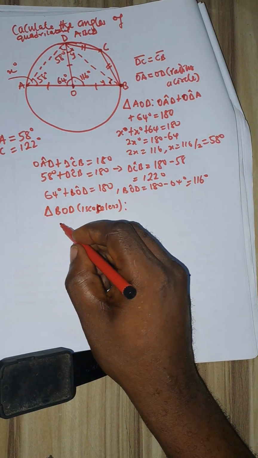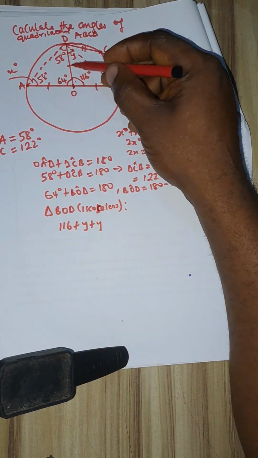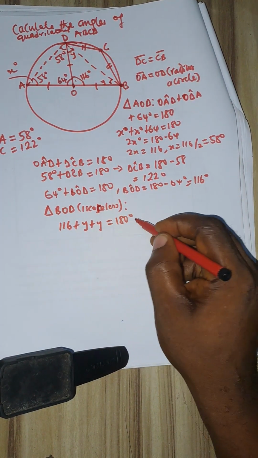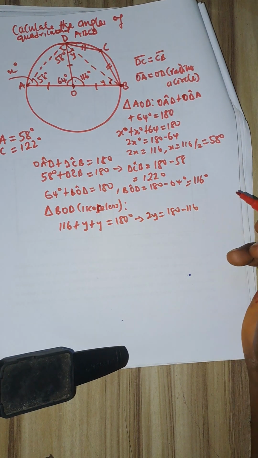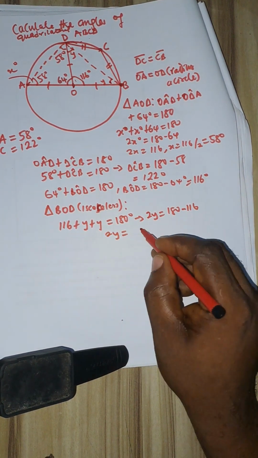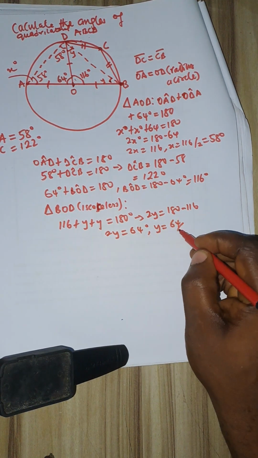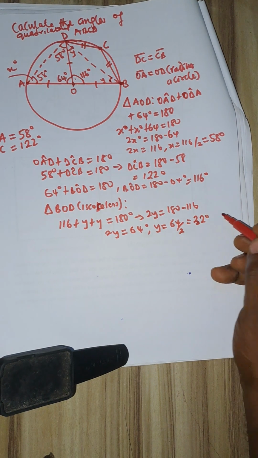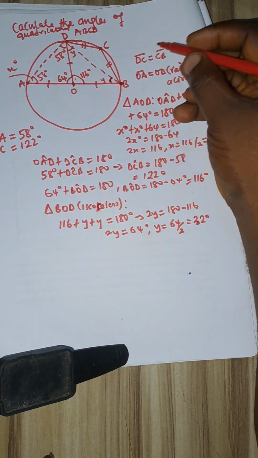So 116 plus y plus y gives us 180 degrees, because it is an isosceles triangle, so the base angles are equal. So 2y will be 180 minus 116. That will give us 2y is 64. So y will be 64 over 2. That gives us 32 degrees. Okay, so this angle is 32 degrees.